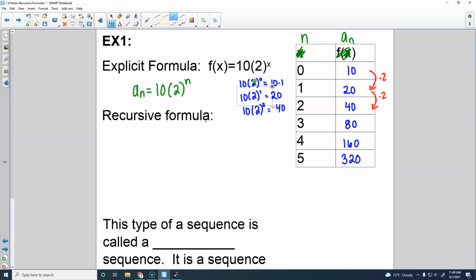So, with a recursive formula, we're going to have a couple variables that are typically going to be used. There can be different things that happen, but we're going to mostly stick to the standard notation that we see. So, a sub n is going to be my nth term. And the other variable you're going to see used here is a sub n minus 1.